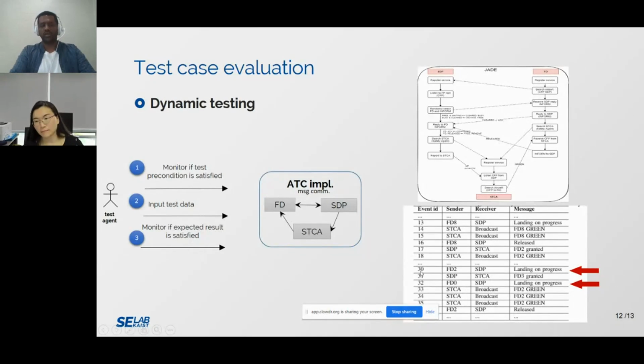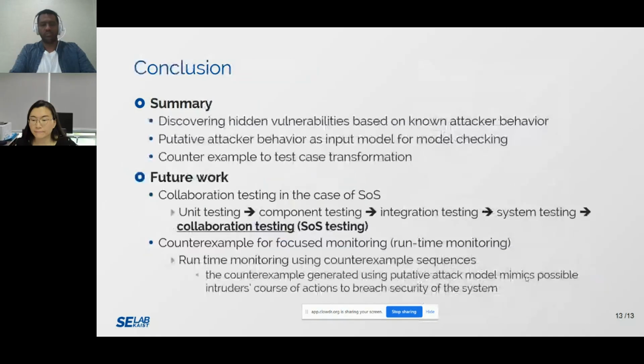By doing this kind of simulation in a very scoped-down experimentation, we were able to identify possibilities of collisions in our system by using the test cases generated from the counterexample.